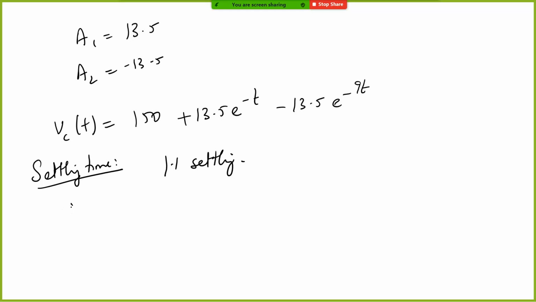So basically your Vc of t should be equal to 0.99 times Vc of infinity, correct? So for this, let's say Vc of Ts, settling time. From this you evaluate what is Ts. Okay, so that's how you do settling time. Is it clear? So the procedure is pretty much the same. Only thing is you identify what are the different parameters.